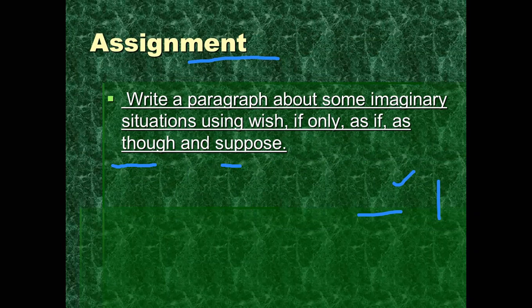When you are writing this paragraph, you will definitely learn about the benefit of learning the subjunctive mood.